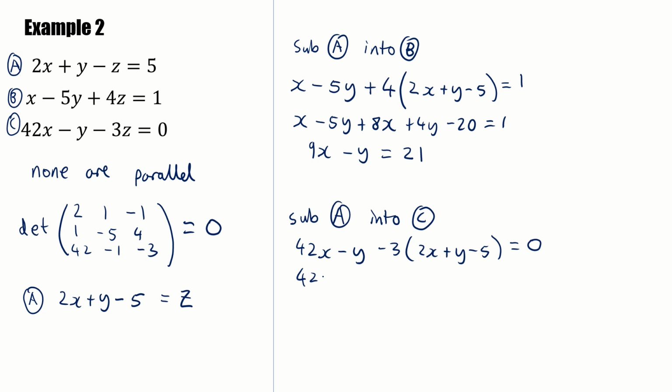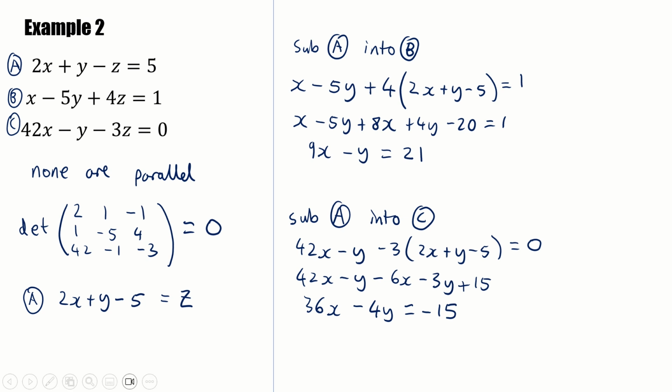And then doing some simplifying there, we're going to end up with a minus 6x, a minus 3y, a plus 15. And then, simplifying that, you're going to end up with 36x minus 4y, and we could move the 15 to the other side to get minus 15.